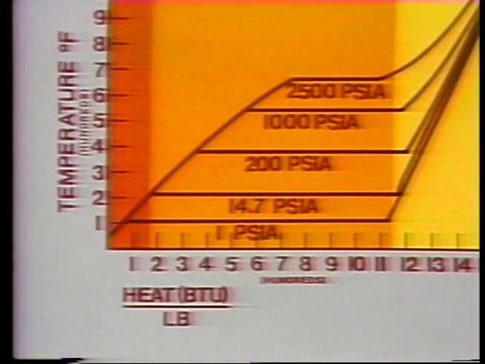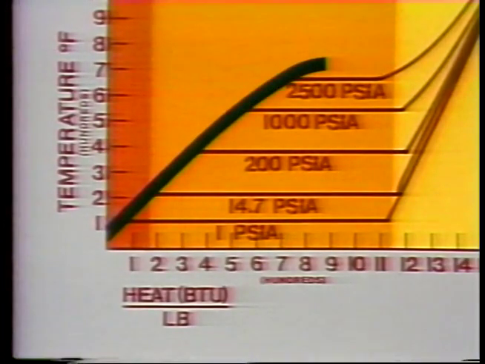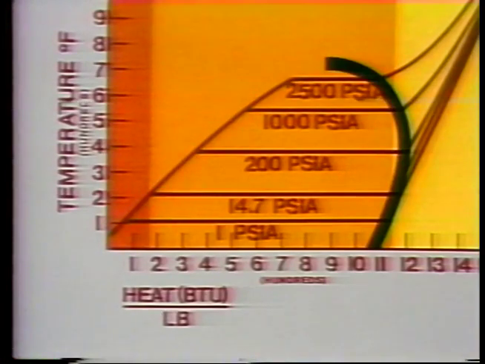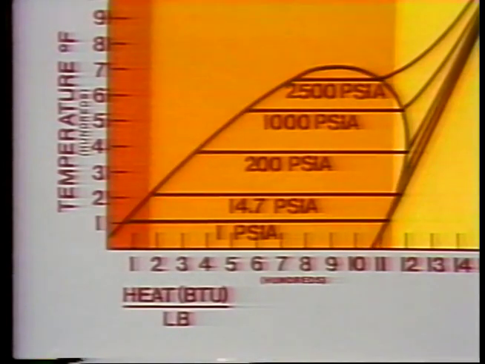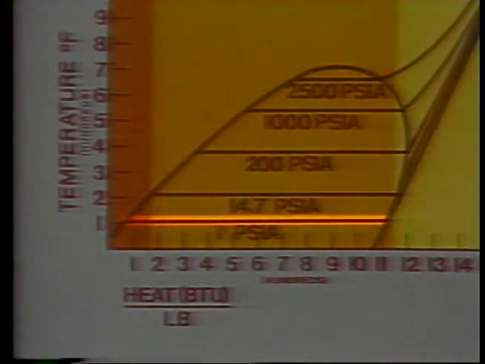Now, the pressures that we've used here were chosen at random from a number of possible pressures. If we plot all of the possible points where water becomes saturated and steam becomes saturated, we get two curves that look like this. Let's take a closer look at these curves. As you know, the portion of the process line in the transition zone is the latent heat of vaporization.